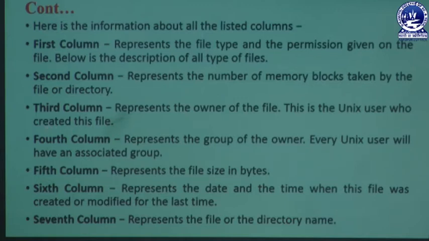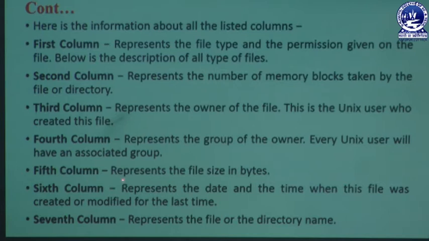The owner's name is represented in the third column. The fourth column represents the group of the owner, and every Unix user has an associated group, which is present in the fourth column.